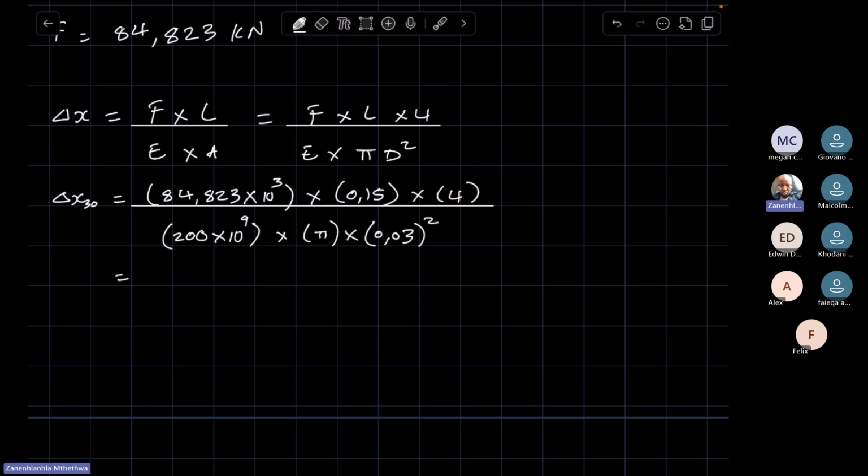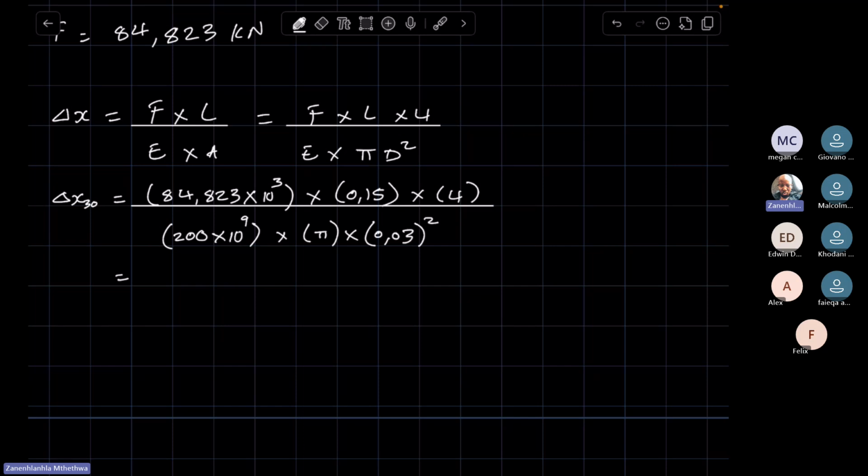Why? Because the changes are so small that sometimes you cannot tell the material has changed in length. So for the most part, the changes in length are very, very small, you're going to get really small numbers, hence you would have to make use of engineering notation.